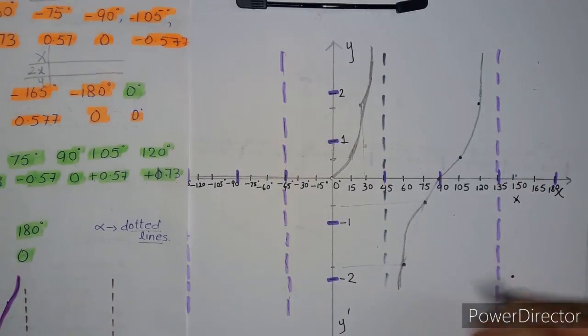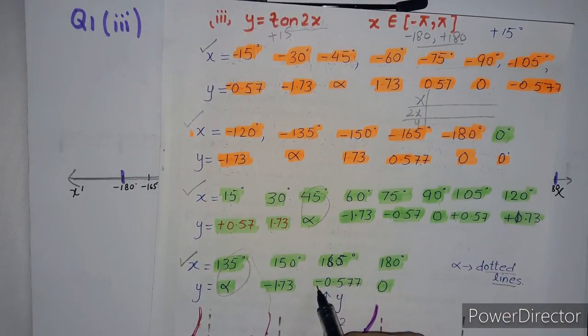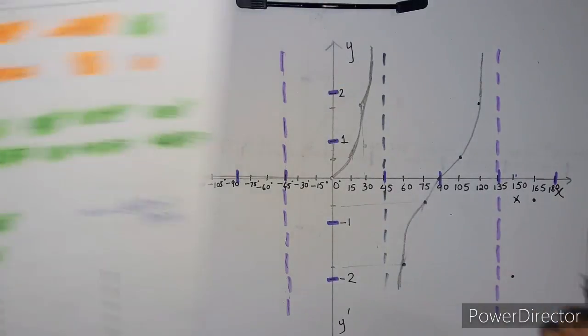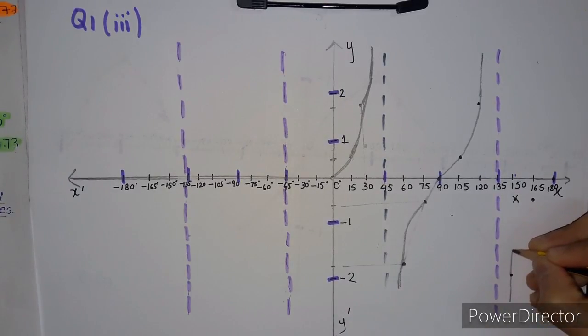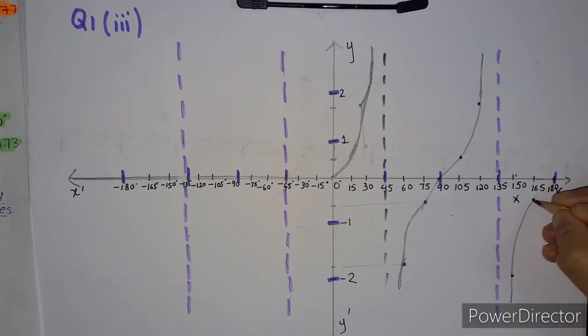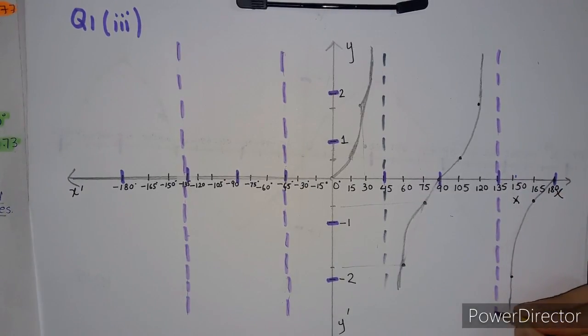Then 165 is minus 0.5, this is here, and 180 is 0. So like this. Remember never to touch these two lines. They will be away from each other.